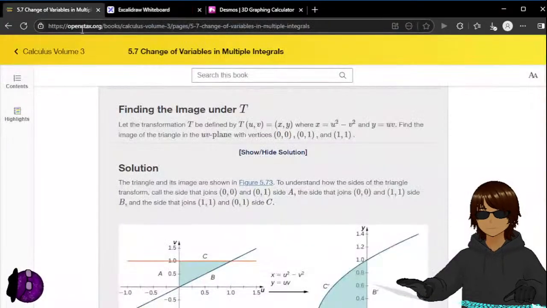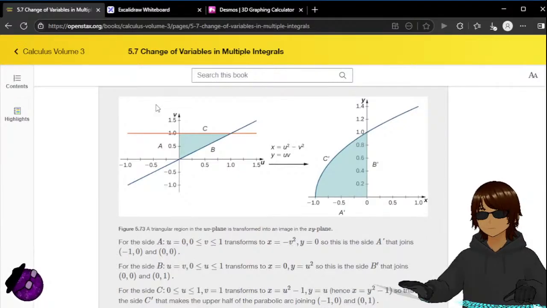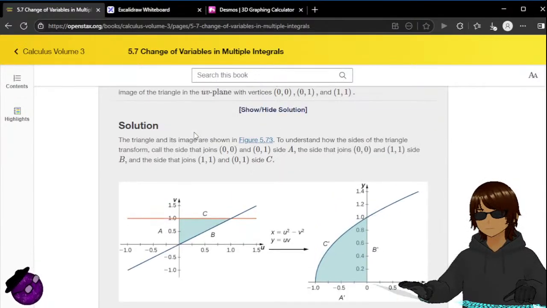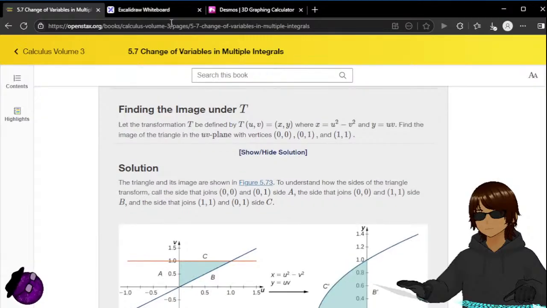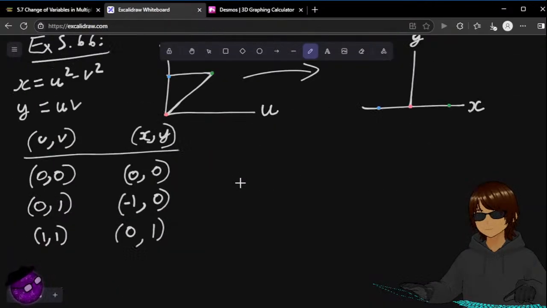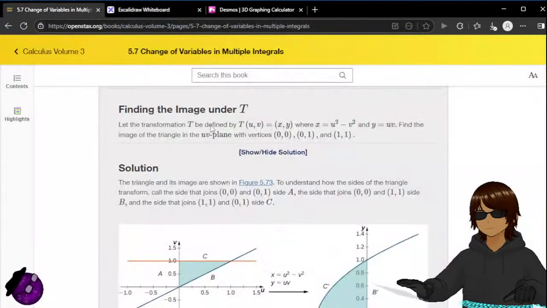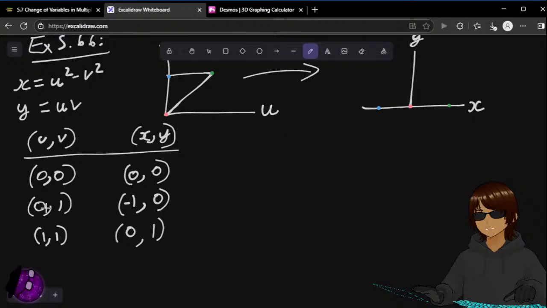And then we have negative 1 here. Then I am confused. 0, 0. 0, 1. 1, 1.